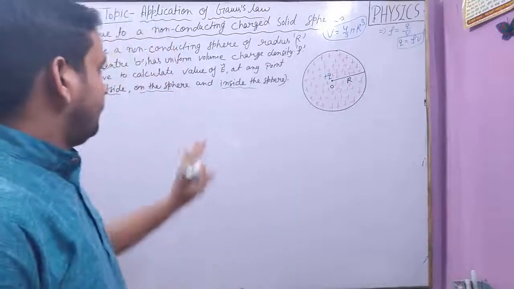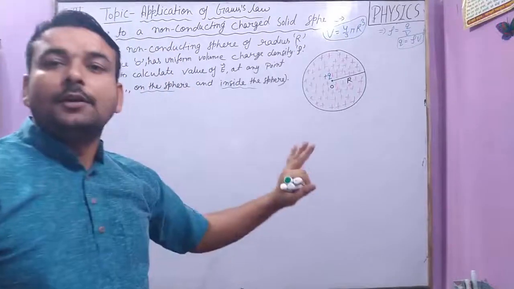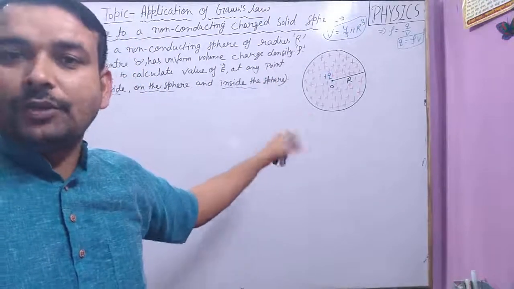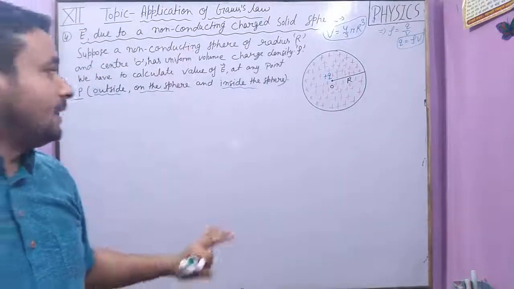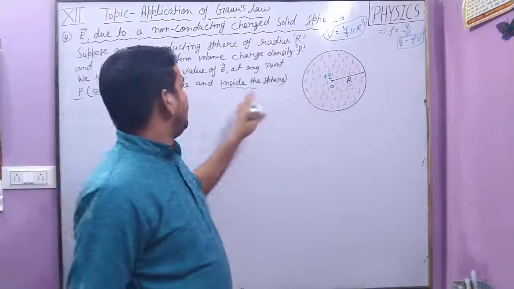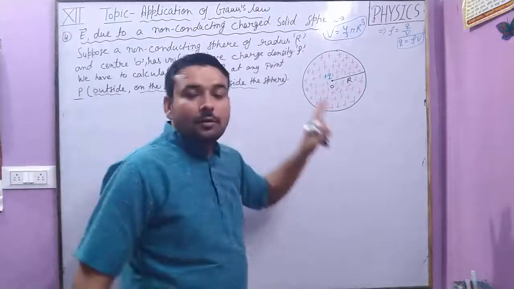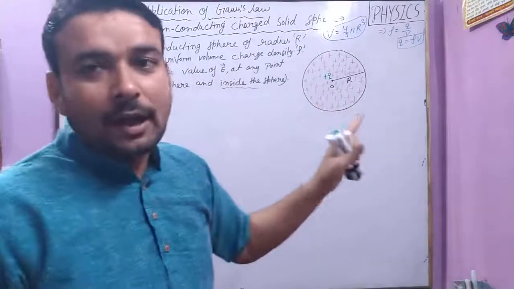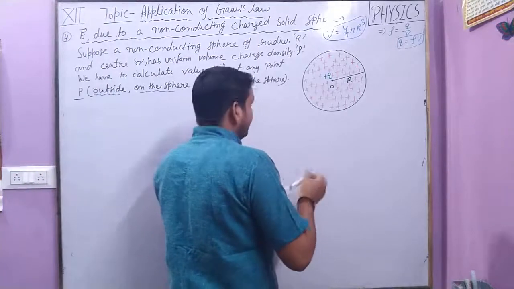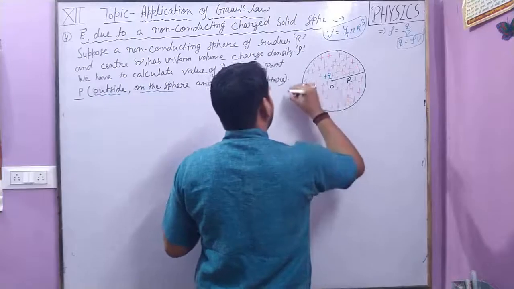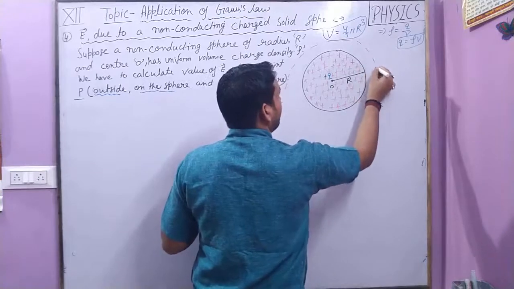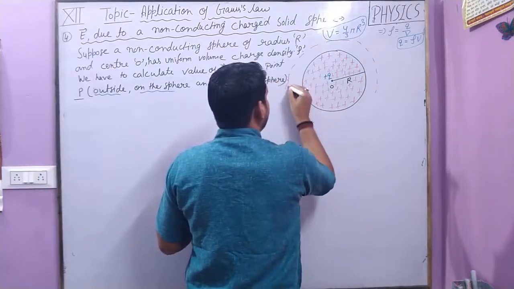For calculation of the electric field, we consider a Gaussian surface for the 3 points as we did in the conducting cell case. Here I will just explain the value of electric field at each point and how to calculate it. Okay, for this first consider the point P on the surface which is outside this given sphere.